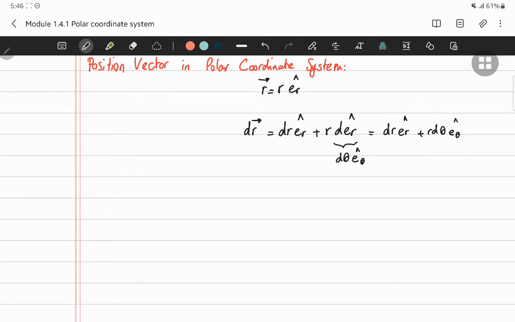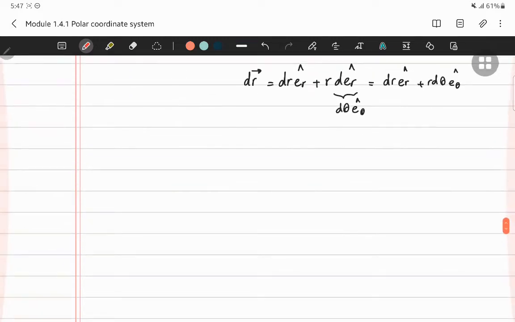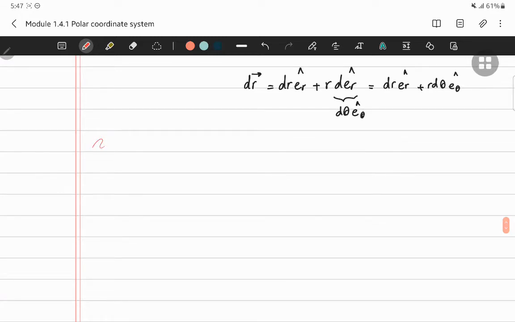And this is quite useful when, for example, we want to calculate the gradient or the divergence or the curl of a scalar field, a vector field, or a tensor field in polar coordinate system. Okay, now let's get to the gradient of a scalar field in polar coordinate system. So, del f, or let's say gradient of a scalar field.